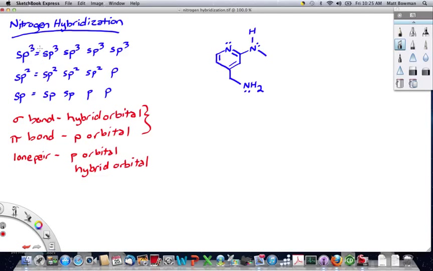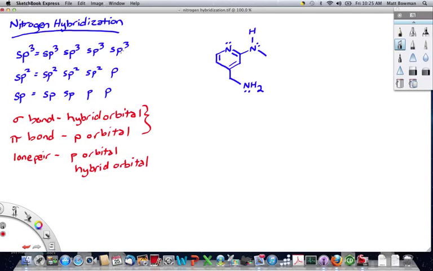So let's go over the three types of hybridization. We have sp3 hybridization, which means you have 4 sp3 orbitals. sp2 means you have 3 sp2s and 1 p. sp has 2 sp orbitals and 2 p's.